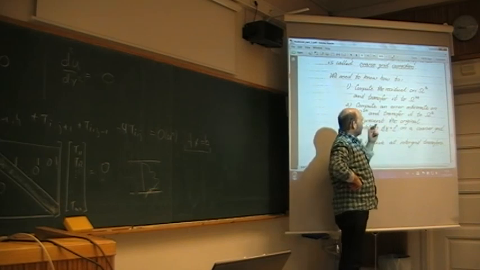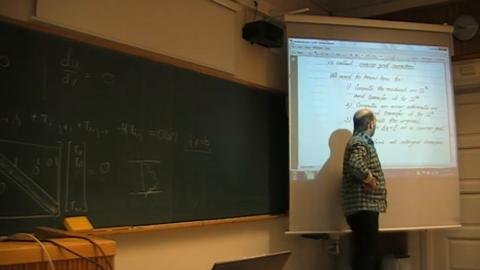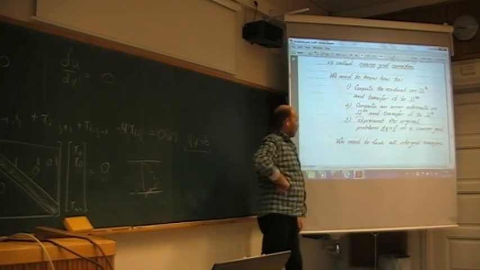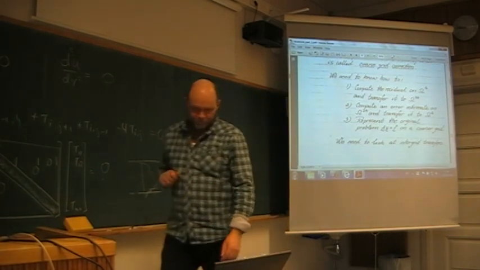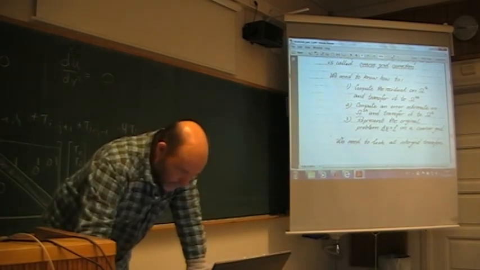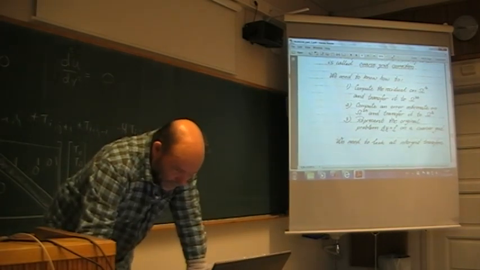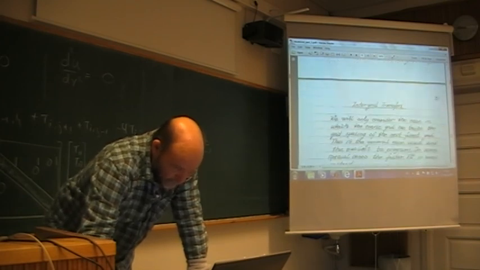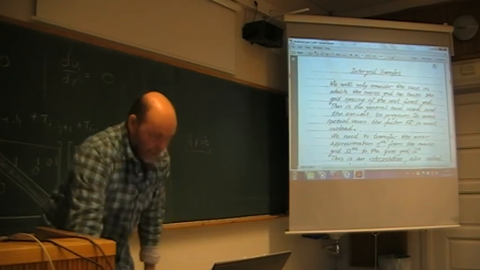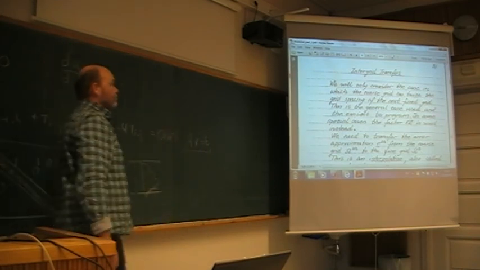But how to transfer it back to the fine mesh? That is also something that we need to look into. So that's what we call intergrid transfers, which will be the next thing we have to look at.